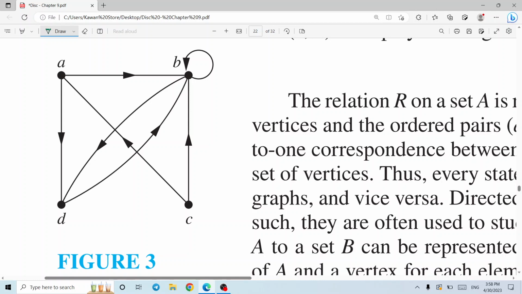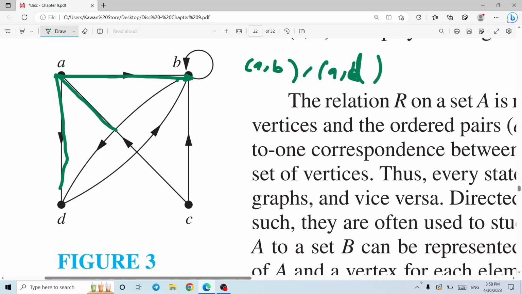I say I have A with B. Also I have A with D, you are right. And what else? Nothing with A, right? So I'm going to B. I have B with what?